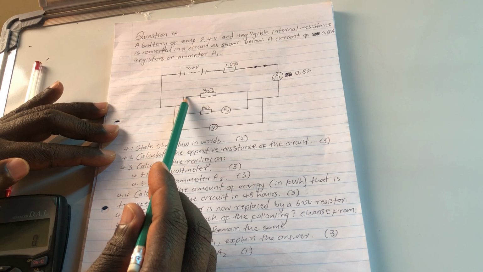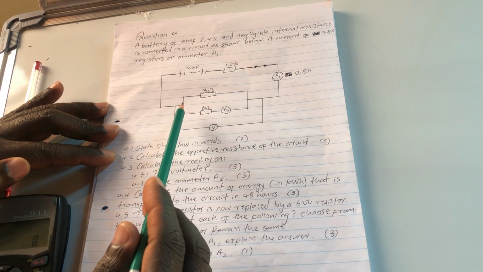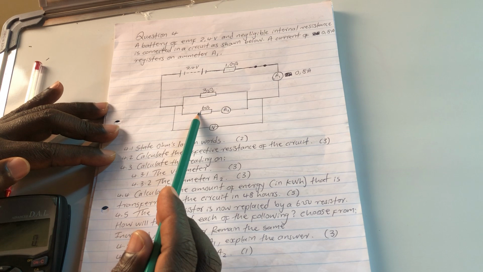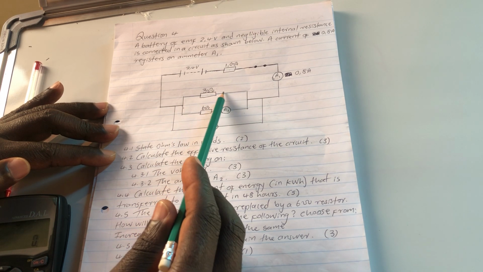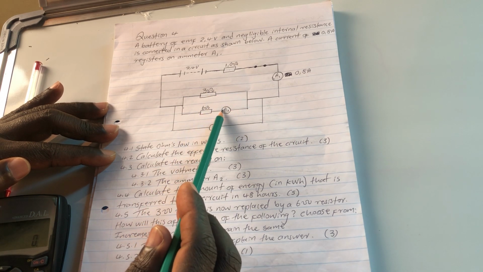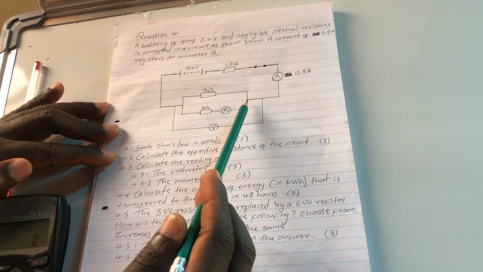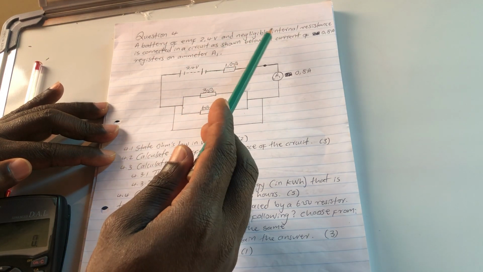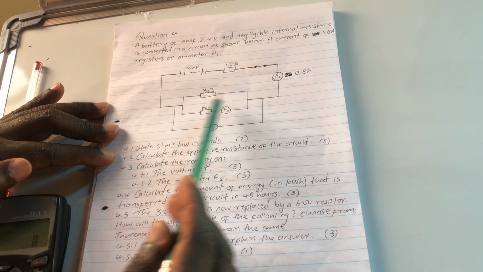More current will go through 3 ohm because there's less resistance here, and less current will go through 6 ohm because there is more resistance. The current that went through 3 ohm and the current that went through 6 ohm will again combine here. Remember, we've been told to ignore the internal resistance. It means that if it was 4 here, it will be 4 again here.